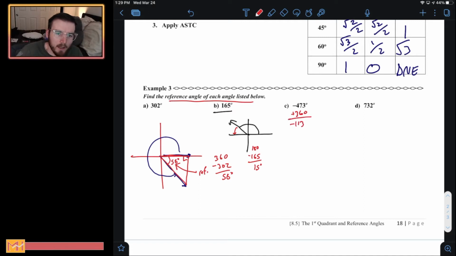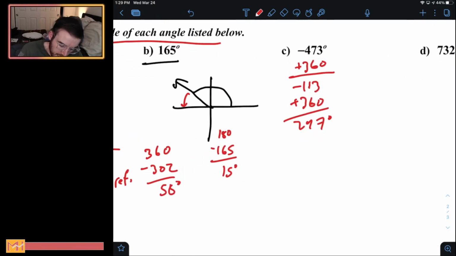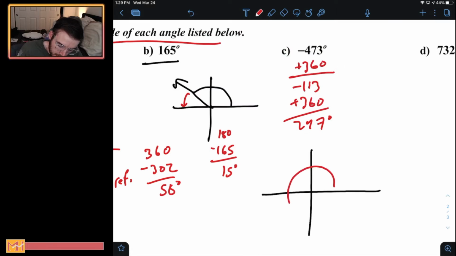You know what? How about I do it again? How about I add 360? What does that give me? 247. I don't know. Is that easier to plot? I don't know. Who cares? But they're coterminal angles. And when I plot this, where's 247? 247 is somewhere here-ish.